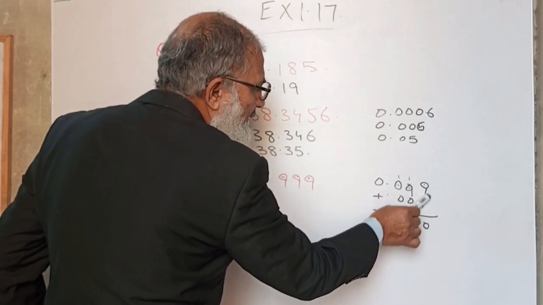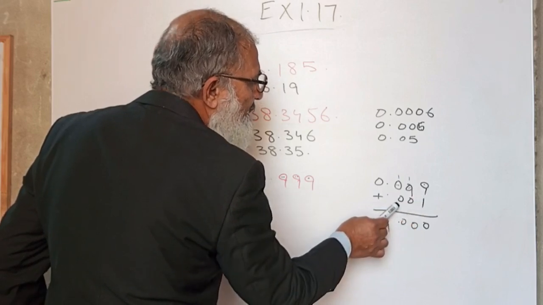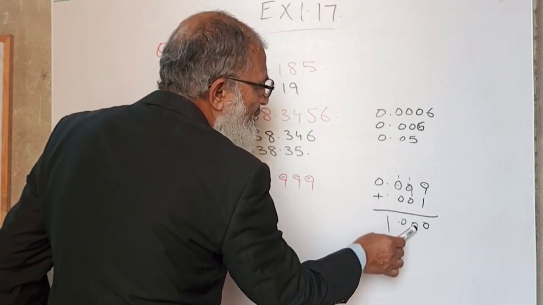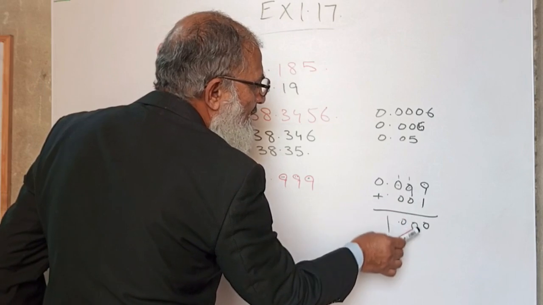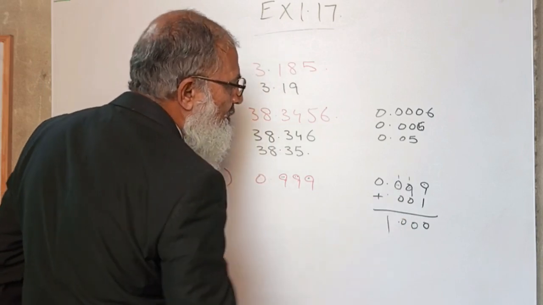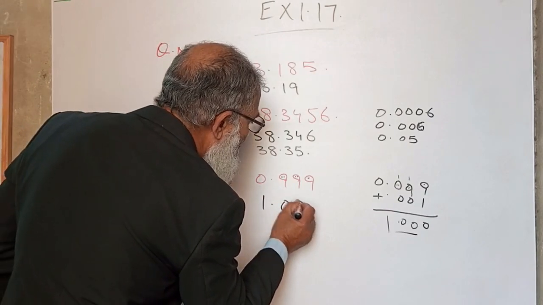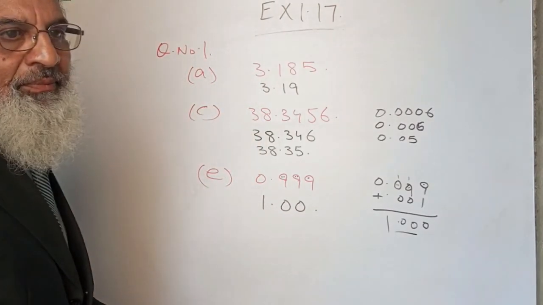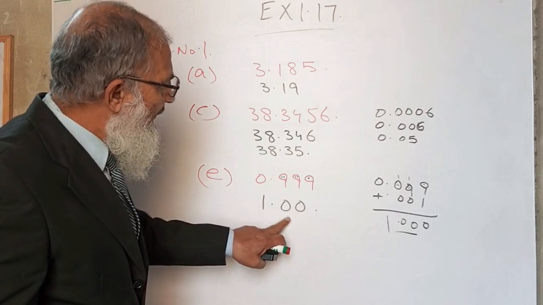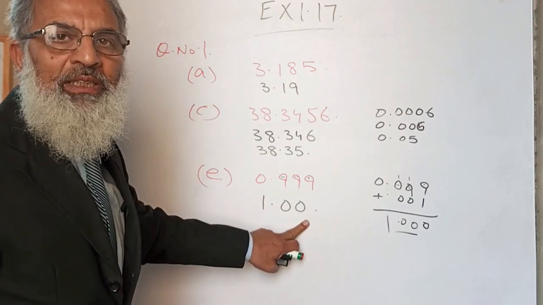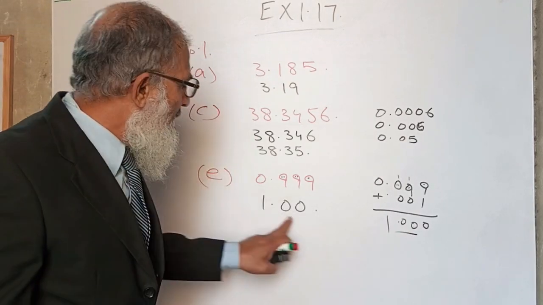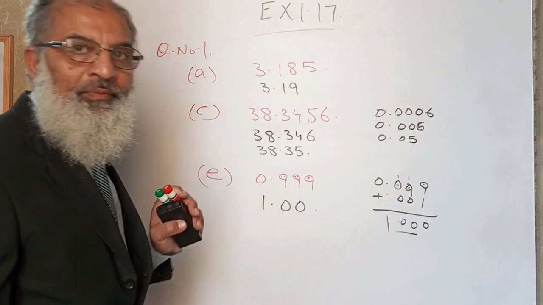We rounded this 9 with the addition of 0.001. It becomes 0, here it becomes 0, here it becomes 0, and the two decimals are these, 1.00 will be the answer. Now you see that we have written two decimal places, but these are rounded off now.